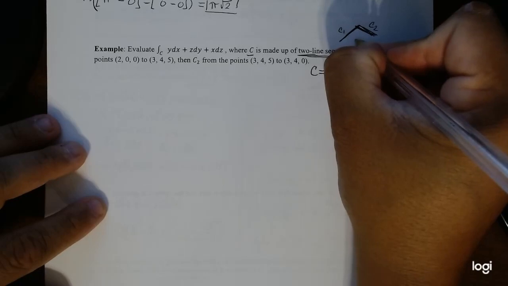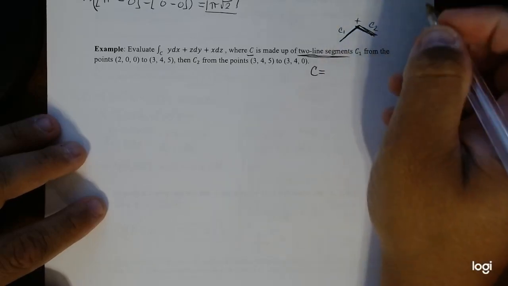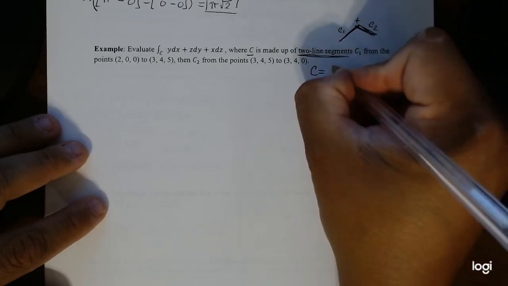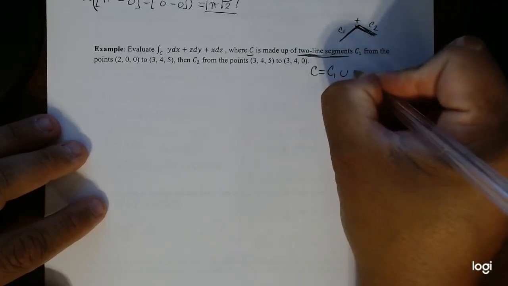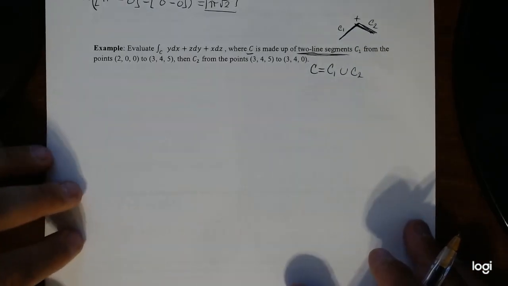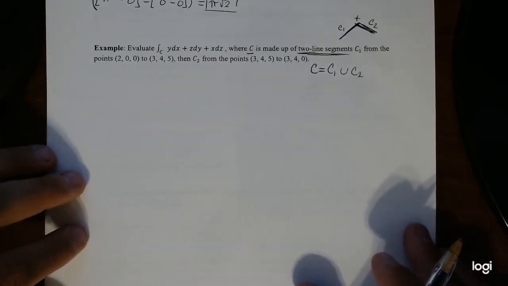And then I'm just going to put them together by adding them. So in other words, the entire curve is equal to the union of both line segments put together.